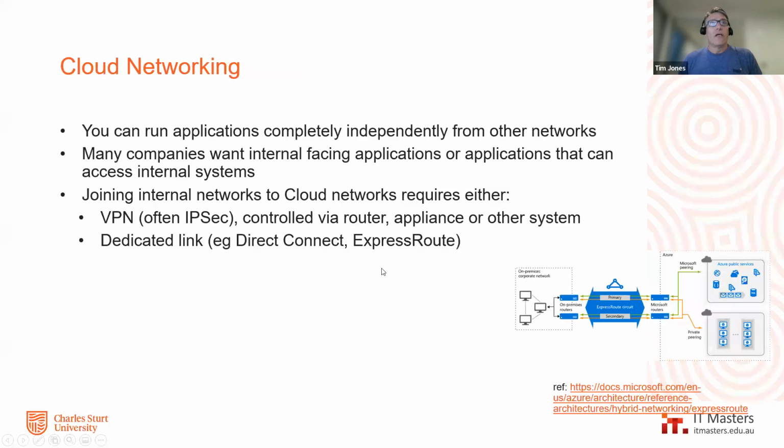All right. So when we're looking at cloud networking, we can run our applications completely separately. We don't need to connect to any other networks to have applications run in the cloud. So for example, if we're doing medical research where we have a large data set that just requires compute power to run over that data set and give results, we don't necessarily need to connect to anything else.